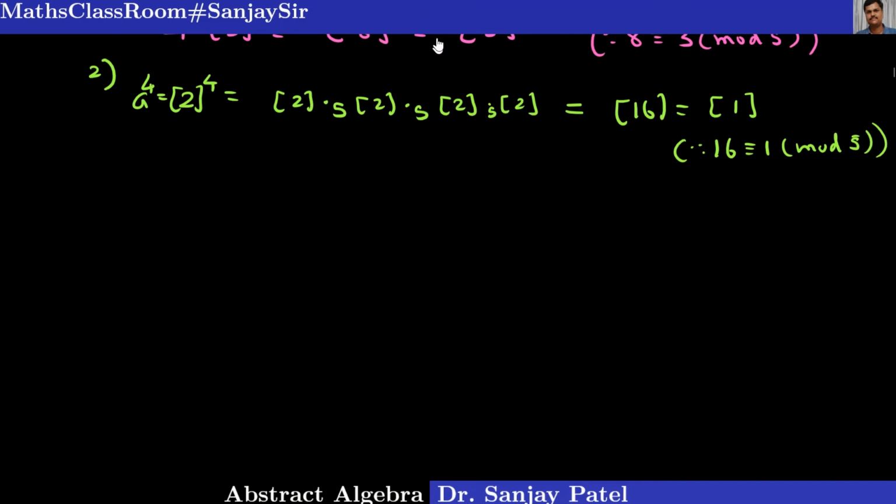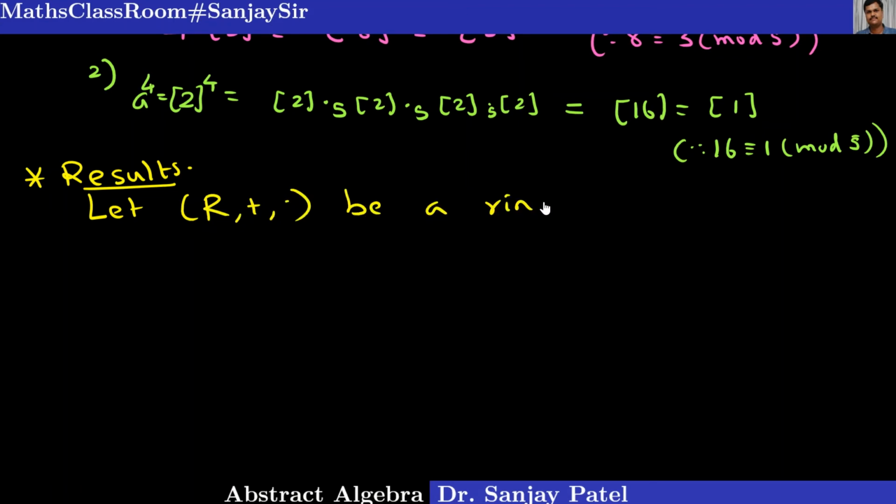And based on these definitions, we have some results which I am going to mention here. So some results which we are assuming without proof. Let (R, +, ·) be a ring, and suppose a and b belong to R, are any 2 elements, and m and n are natural numbers.